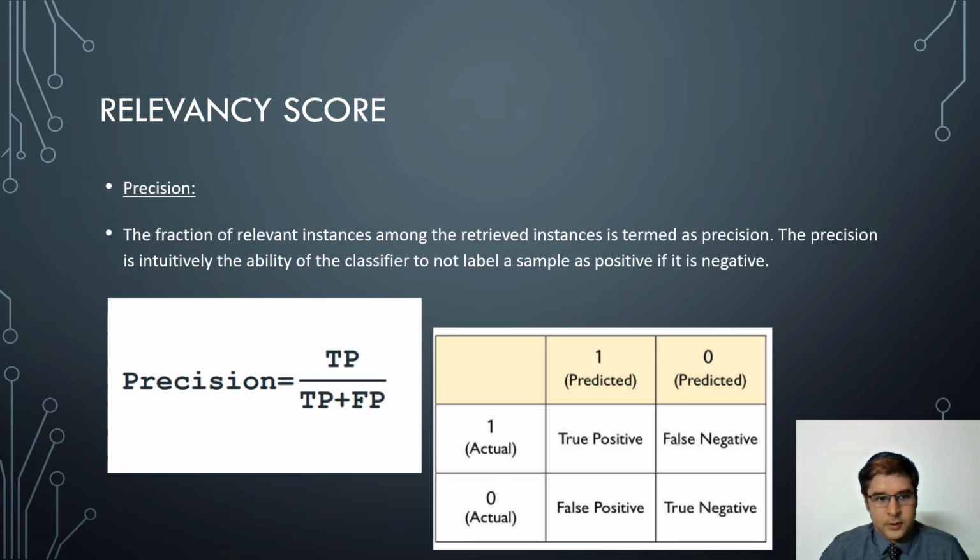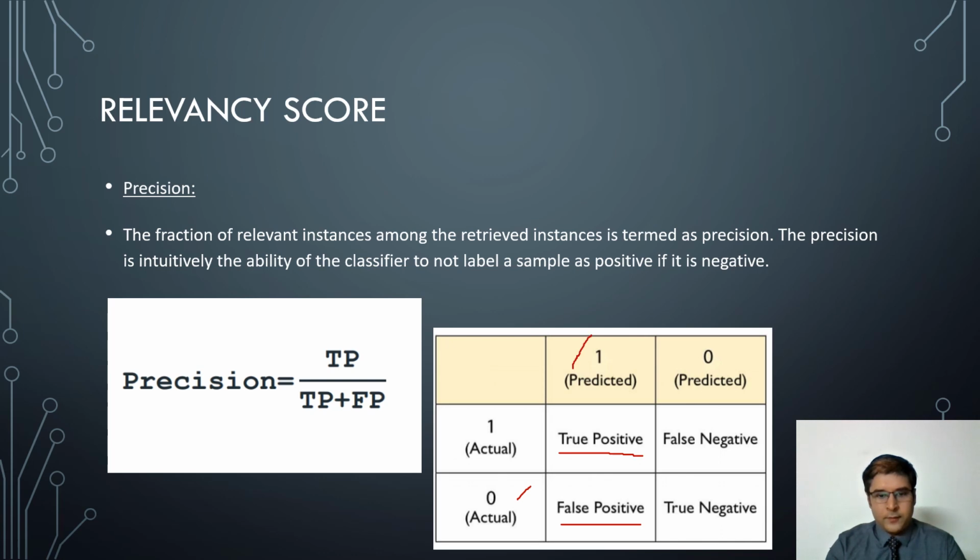Now we move on to the relevancy scores. First one is the precision, which is the fraction of relevant instances among the retrieved instances. Precision is intuitively the ability of the classifier to not label a sample as positive if it is negative. True positive is the number of correctly identified positives and false positive is incorrectly identified positives. That is, actually it is 0 but we have identified it as 1.